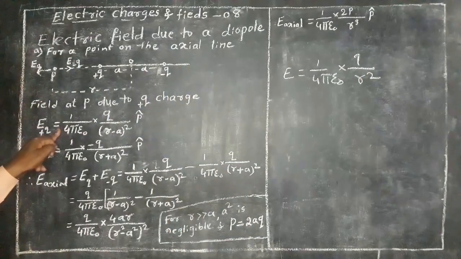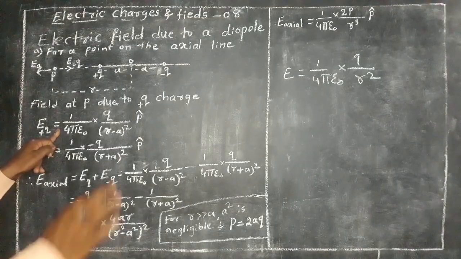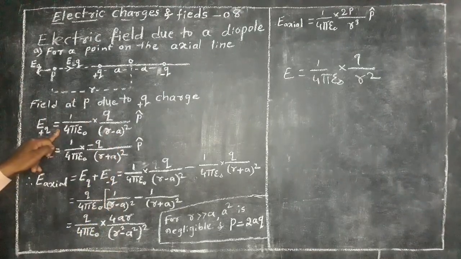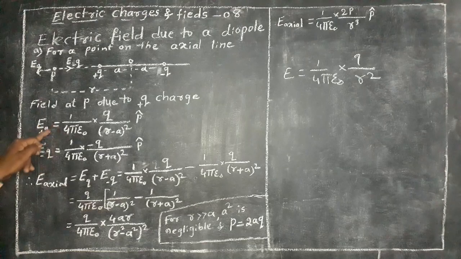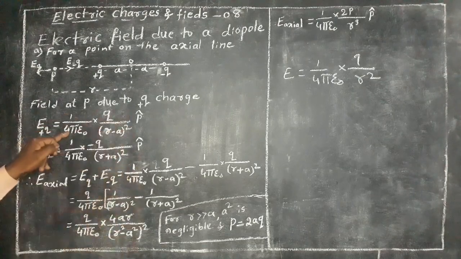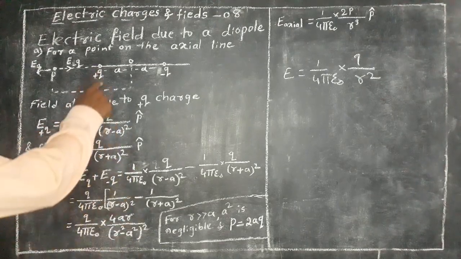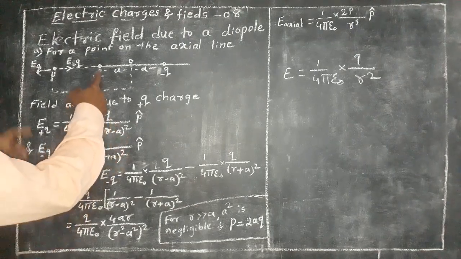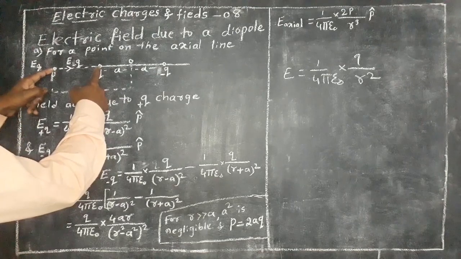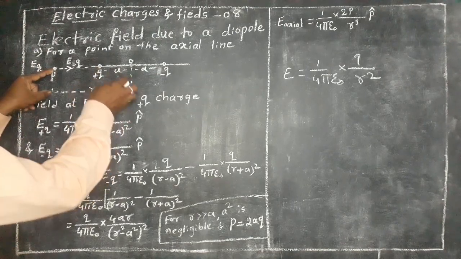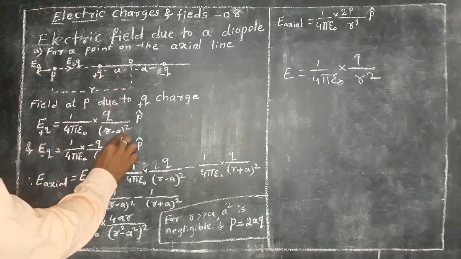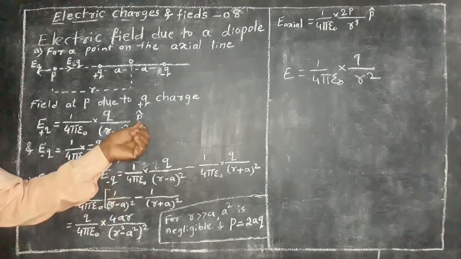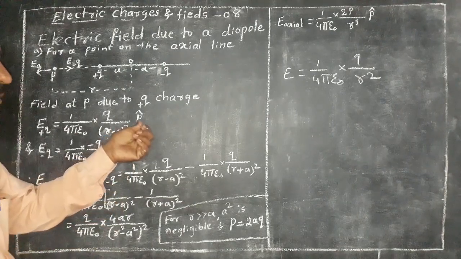Here R is the distance of the point from a charge. Therefore, E plus Q equal to 1 upon 4 pi epsilon naught into plus Q upon the distance between the charge and point P, which is R minus A, that is R minus A whole square, into p cap.